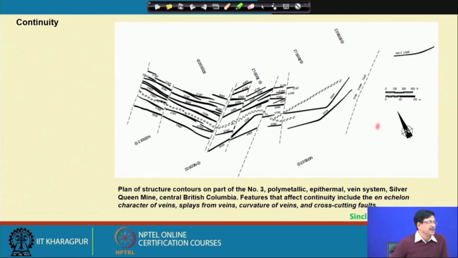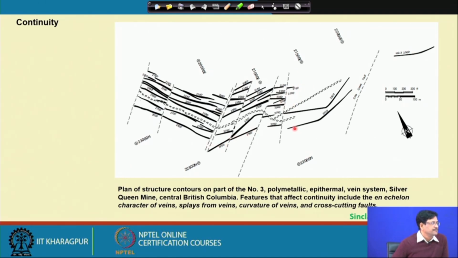This is the main mineralized part, the number 3 polymetallic epithermal vein system in that mine, where you could see the locations of the faults. These curved lines represent the faults, and we could see how the faults have disrupted the ore body, and even a change in the strike towards the northeastern part can be seen.